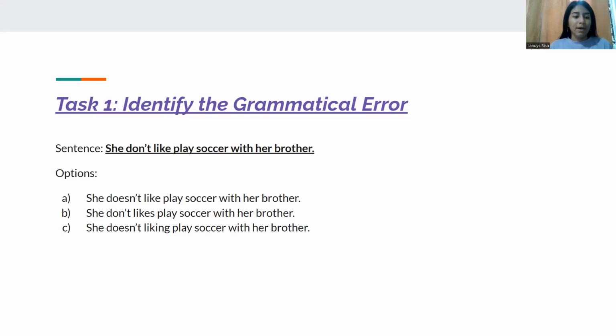For example, the objective of this task is that the students use the correct form of does and do and correct mistakes in the sentence structure. The example here is "She don't like play soccer," and the students need to select the correct option.